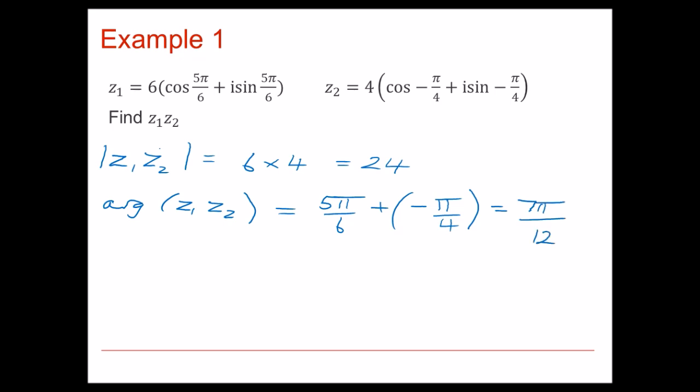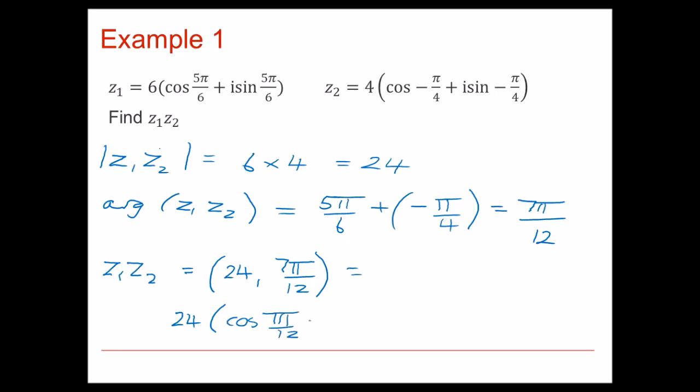Therefore, z1 z2 can be written in polar coordinate form as (24, 7 pi by 12), or in the modulus argument form of 24 (cos 7 pi by 12 plus i sin 7 pi by 12).